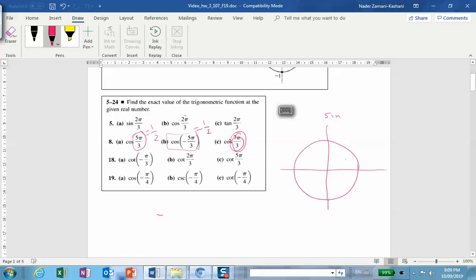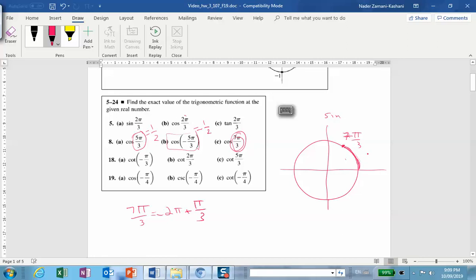7 pi over 3, remember you can write it as 2 pi plus pi over 3. So the place that we end up with the terminal point, you go all the way around 2 pi, and on top of that you go another pi over 3 up. So this is 7 pi over 3. And let me remind you that this, which is the reference number, is pi over 3.